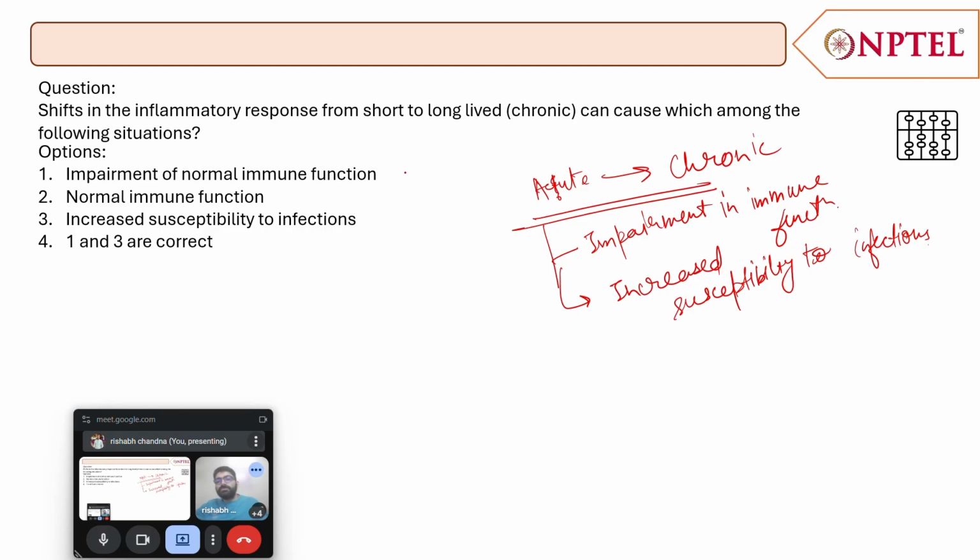Okay, so both these options are correct. So that means 1 and 3 are correct.